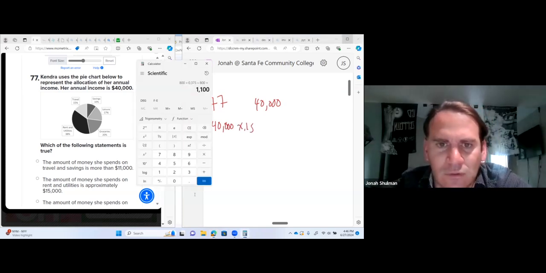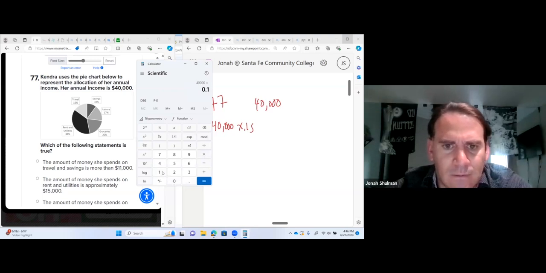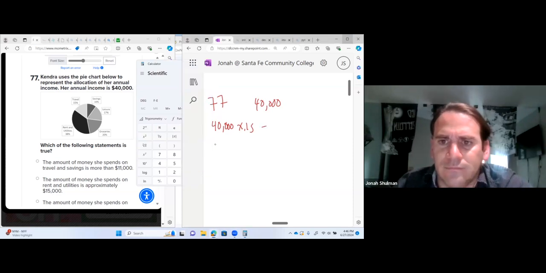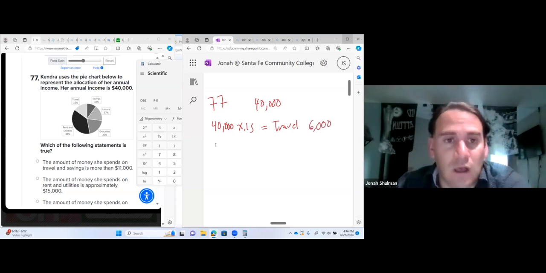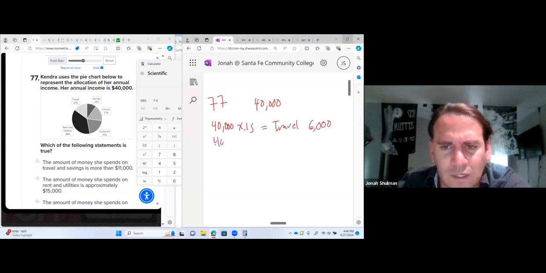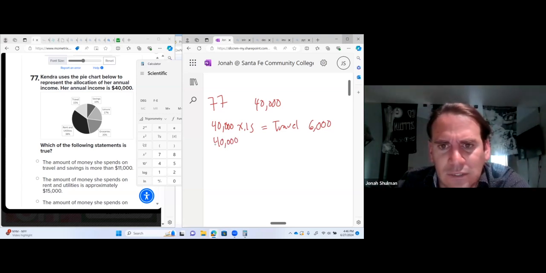So we know travel is 6 grand. A lot of this stuff is just multiplication, but that's okay. So the next one's $40,000 times 0.10.